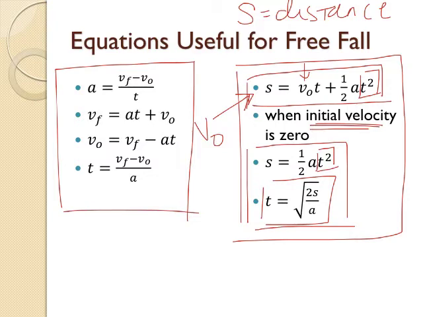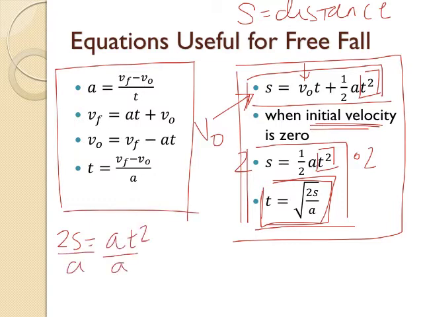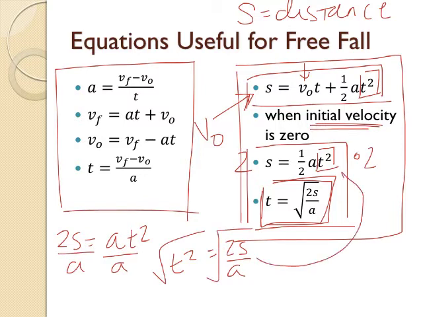This equation, t equals the square root of 2s over a, is coming from the equation above it. We're just rearranging to solve for t. So you start by multiplying by 2, which gives you 2s equals a t squared, and then you divide by a, so you have t squared equals 2s over a, and then to get rid of the squared, you have to take the square root of both sides, which brings you back to that original equation.